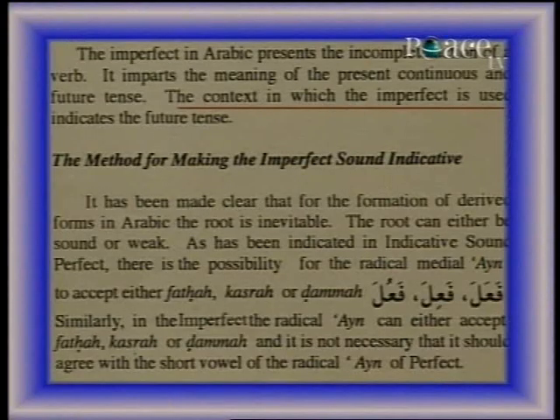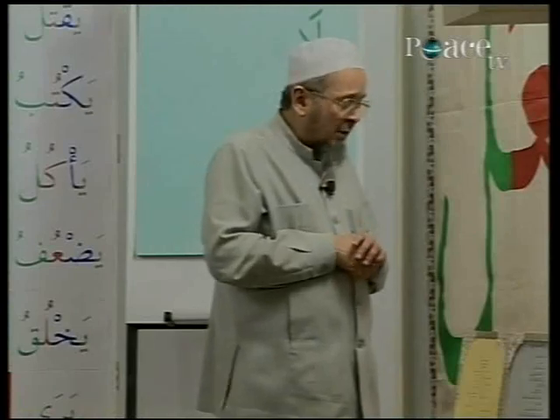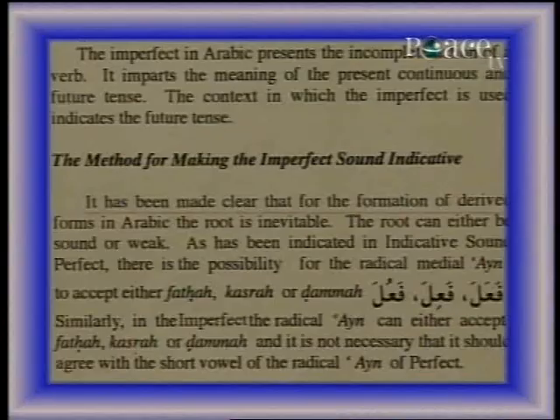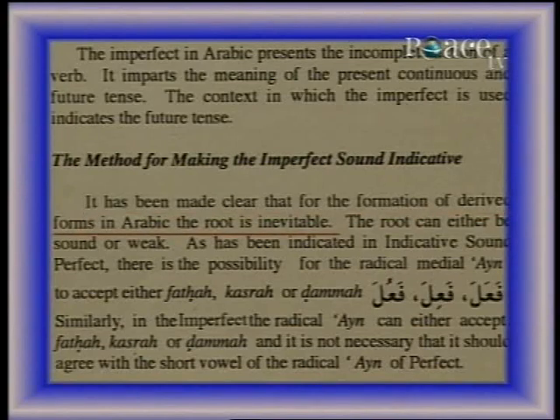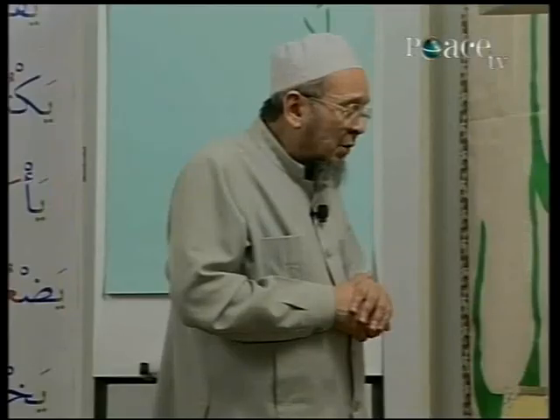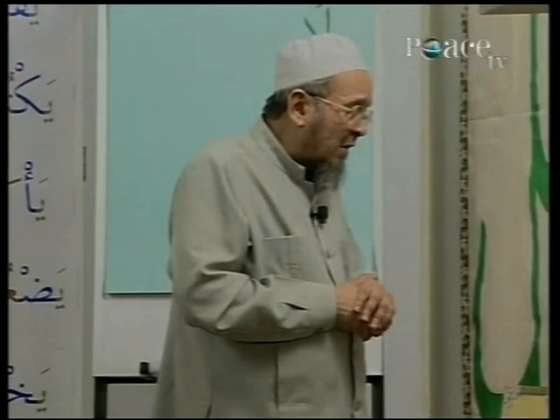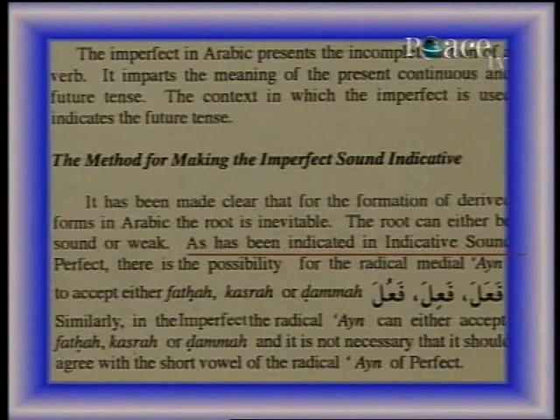The context in which the imperfect is used indicates the future tense. The method for making the imperfect sound indicative. It has been made clear that for the formation of the derived forms in Arabic, the root is inevitable. The root can either be sound or weak, as has been in indicative sound perfect.